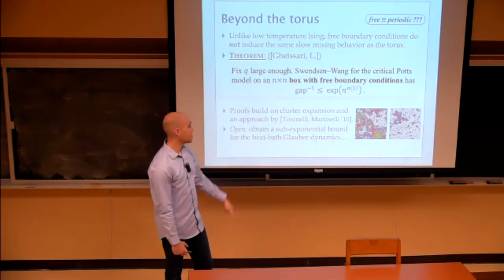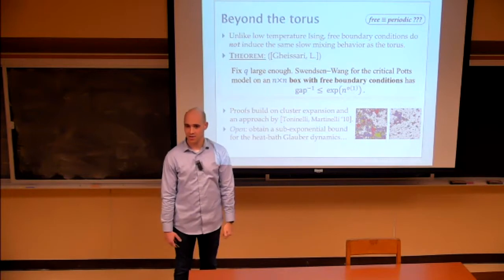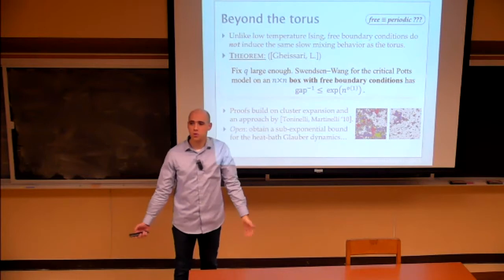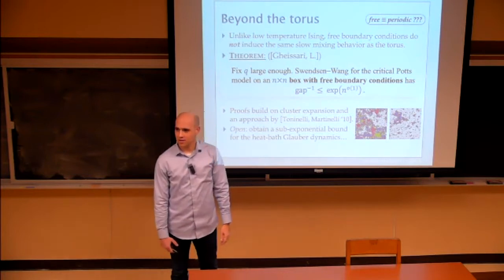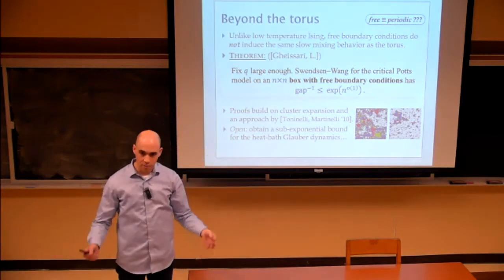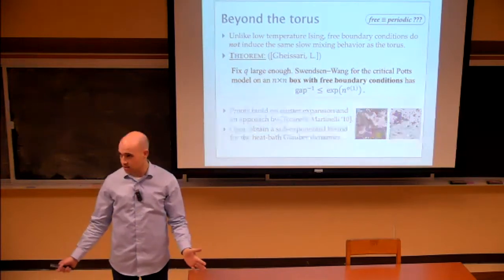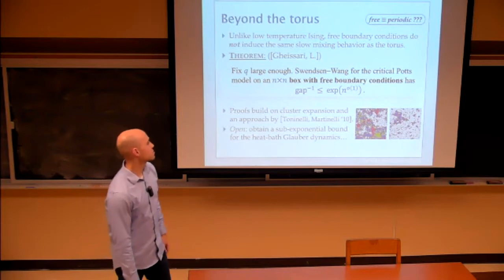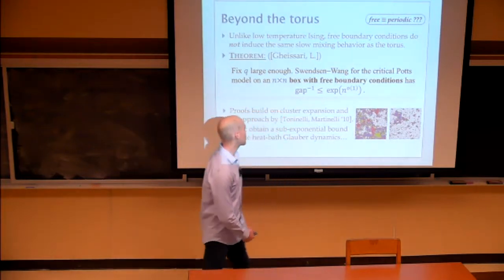What is open is to show that the same thing happens for the single site dynamics, which we still cannot show. And this Q large enough should be 5, that should do. So if you're not on the torus but you're on the free boundary condition setting, just a square grid, it should mix quickly. And I'll finish with that.